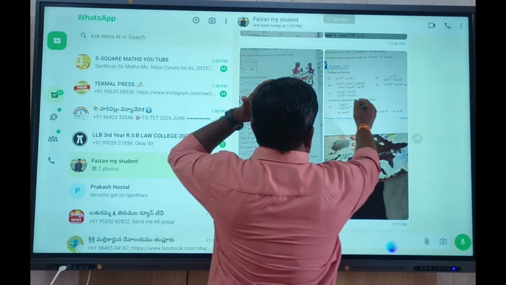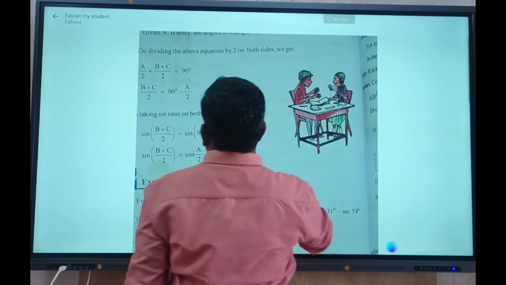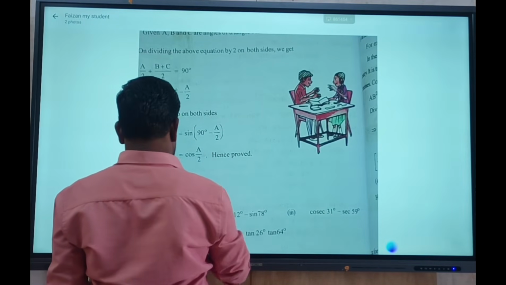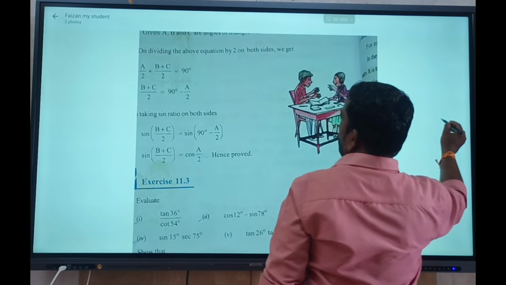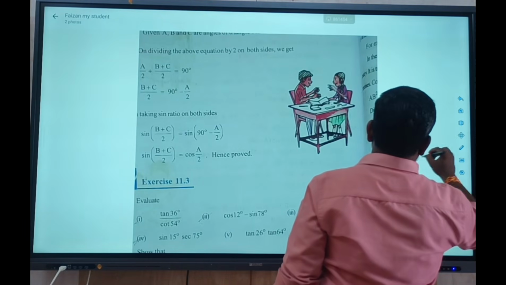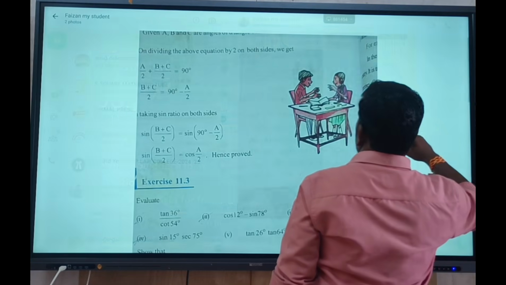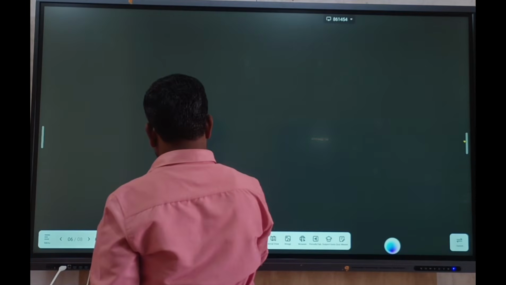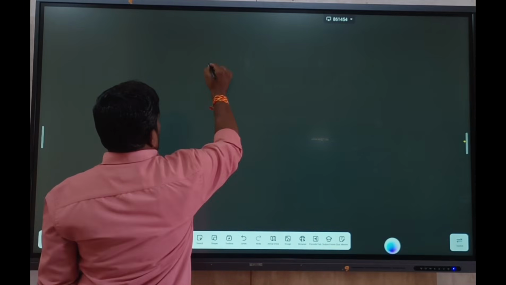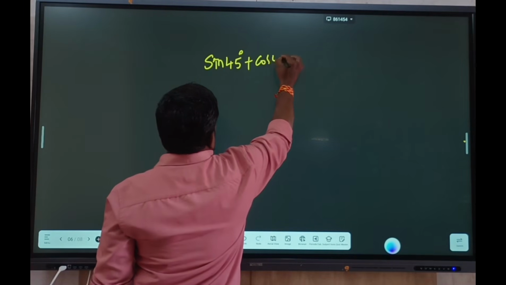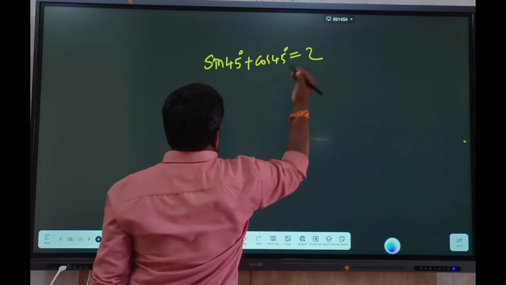Look here, observe this question. Suppose now I am taking sin 45 degrees plus cos 45 degrees. If you are asked this type of question, how much is it in an exam?